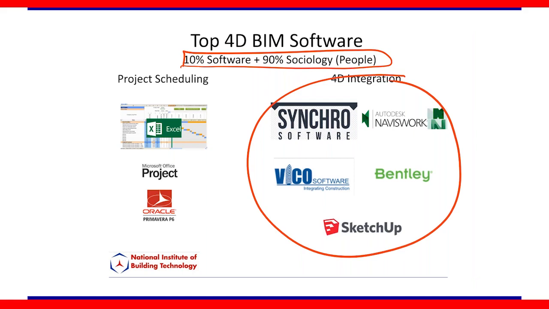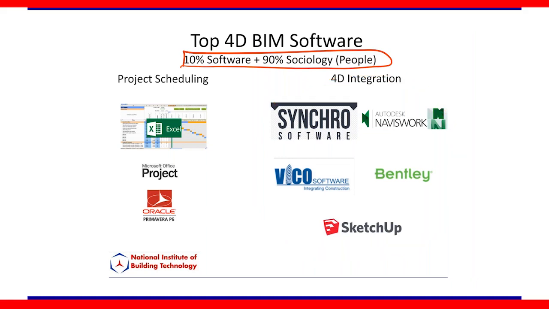But the software that is used most extensively is called Synchro. That's where it really started. It is used more because it is built from a 4D perspective, and it has a better rendering engine. I think it just has a better visual representation that people like to see, and that's why it is used.